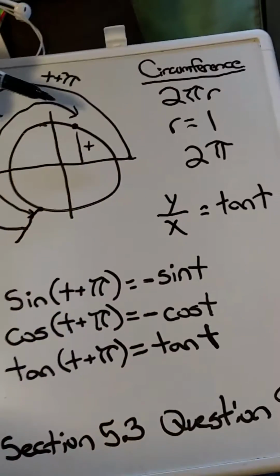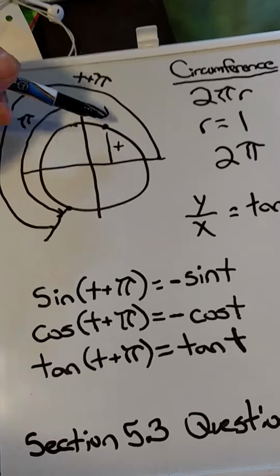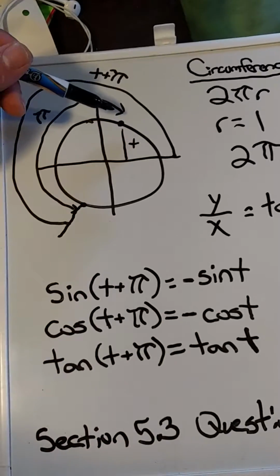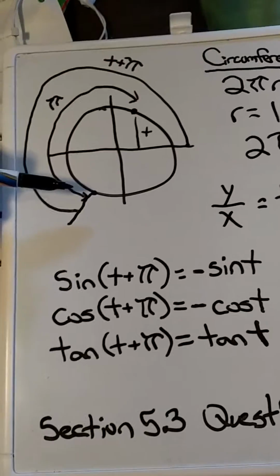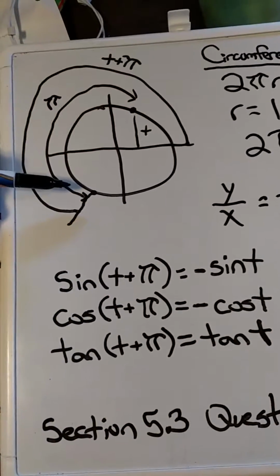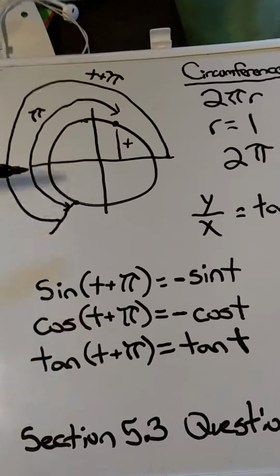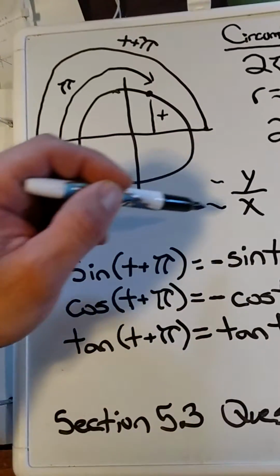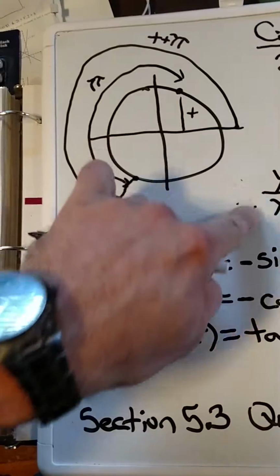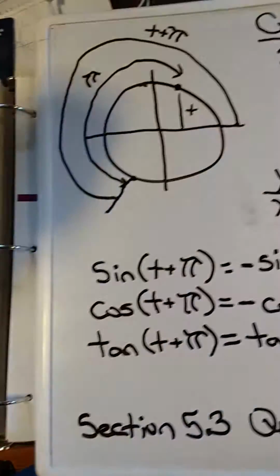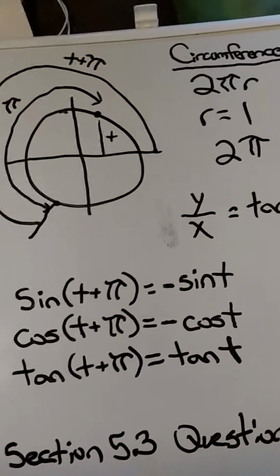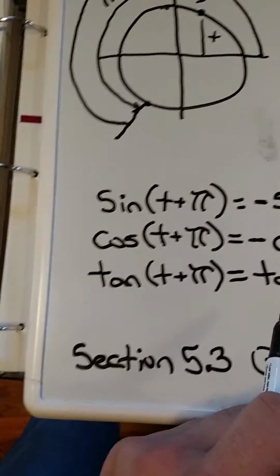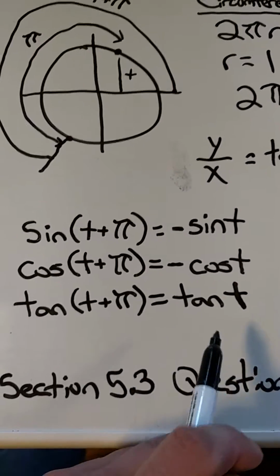So if you have all positive values here, if you add pi to that value, you swing around to here, both your x and your y is negative. So because that's a ratio, when you divide a negative by a negative, you get a positive. So that is why tangent t plus pi is equivalent to tangent t.